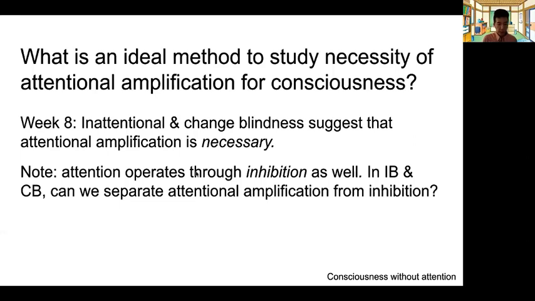However, in these experimental paradigms, it's not that easy to interpret the results as a pure necessity of attentional amplification, because, as I explained in the biased competition model of the neuronal circuit, attention is always, on one side, a selection and amplification of one thing, and on the other, an inhibition of unwanted stimuli. So in both inattentional and change blindness situations, you might argue that we do not experience the gorilla or the small changes because we actively suppress them through attentional inhibition.